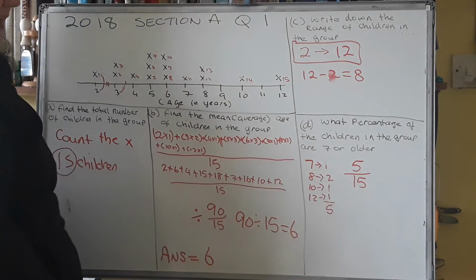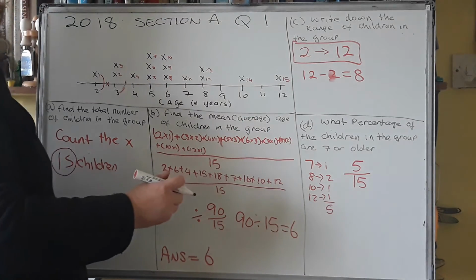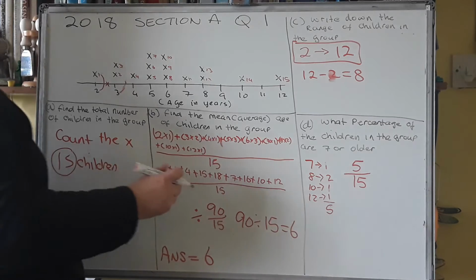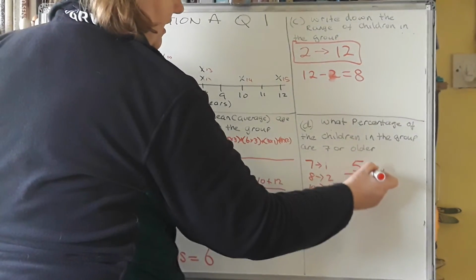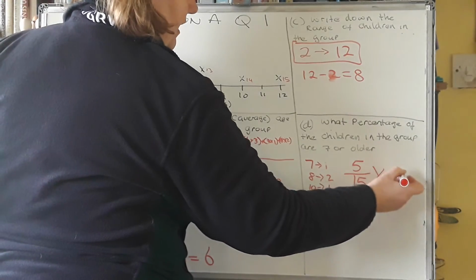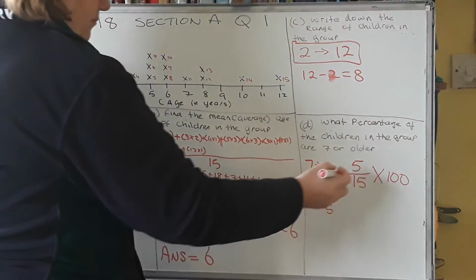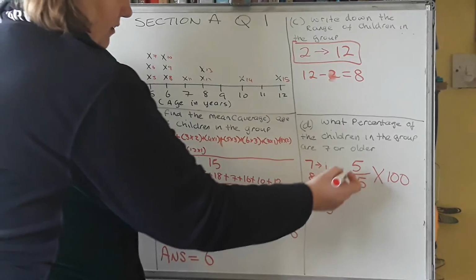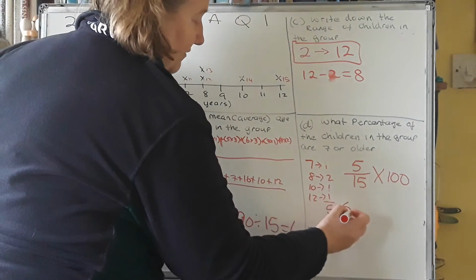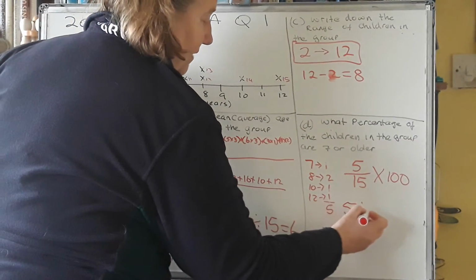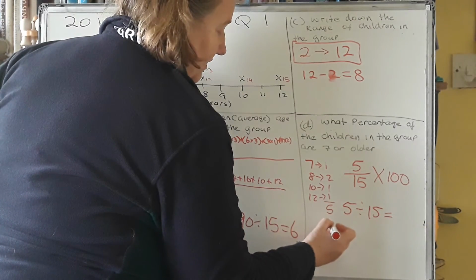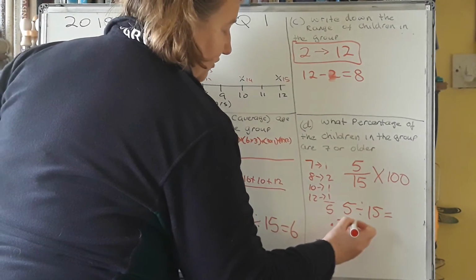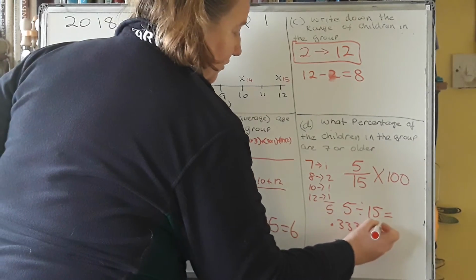Now, to turn that into a percentage, what you can do is put that fraction into your calculator and multiply it by 100. Just to break it down, 5 over 15 means 5 divided by 15, which gives you 0.3333333.